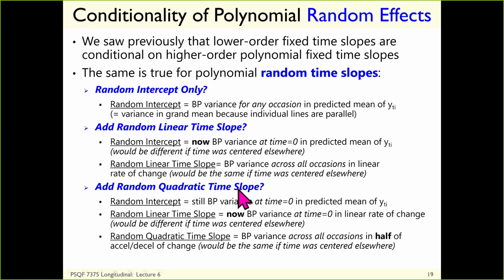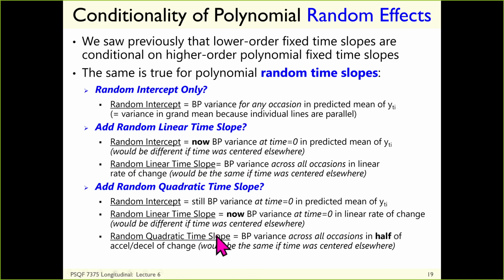If I add random quadratic time, the random intercept is still individual differences in the intercept at time 0, although it's predicted based on a different model. Now the random linear time slope becomes conditional. It becomes individual time slope differences at time 0 specifically. So it will be a different number because it means something different.